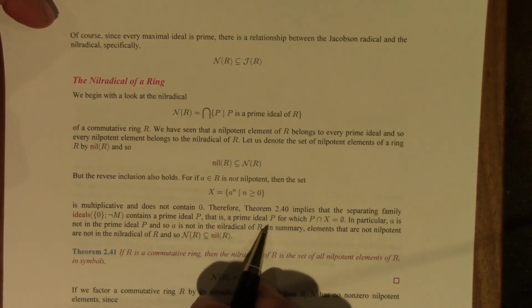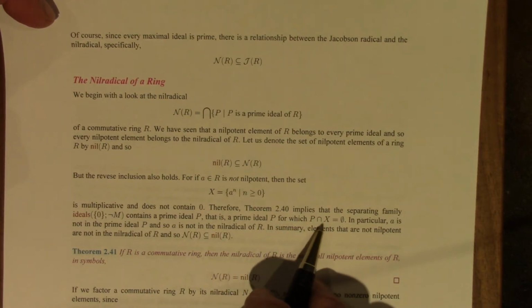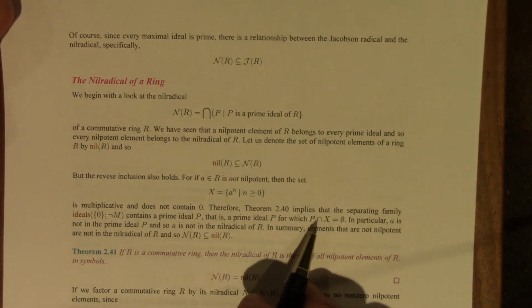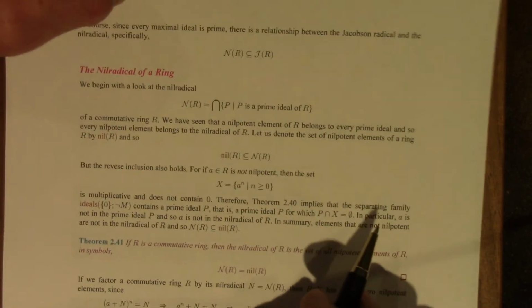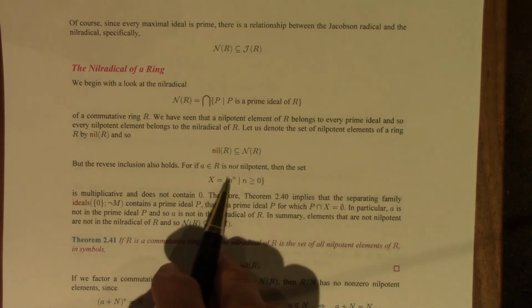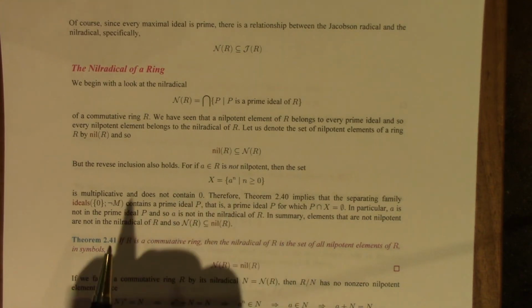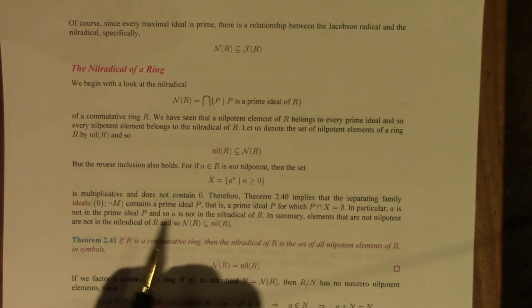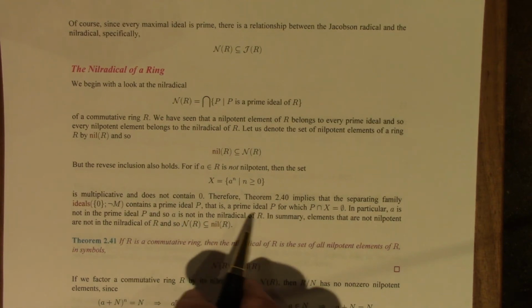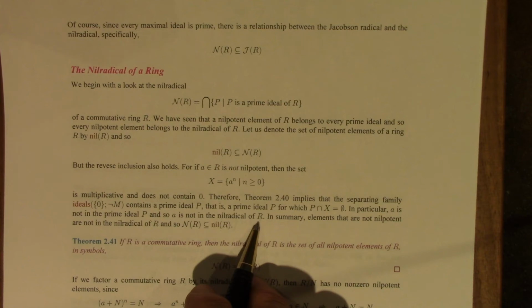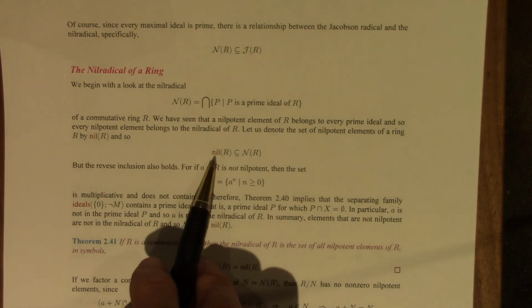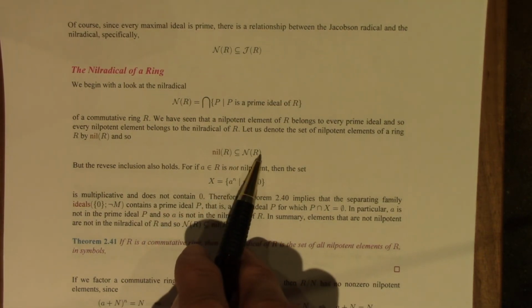So it's a prime ideal that is disjoint from X. Contains 0, but all ideals do. But it's a prime ideal that's disjoint from X. And so in particular, little a to the 1 is not in the prime ideal P, so A is not in the nil radical, which is the intersection of all the prime ideals. So if an element is not in here, then it's not in here.